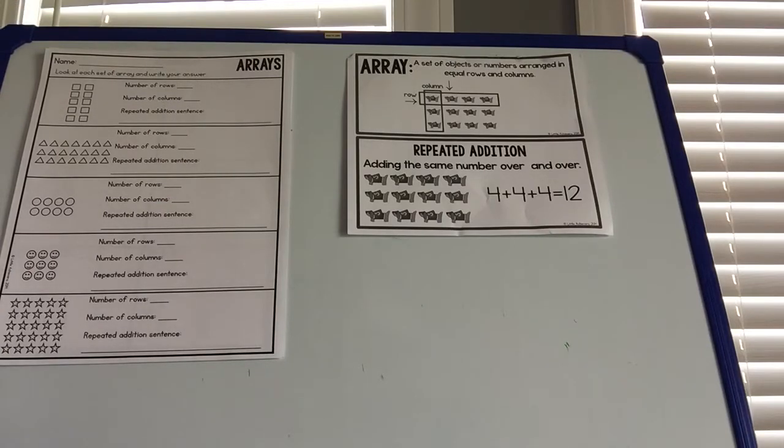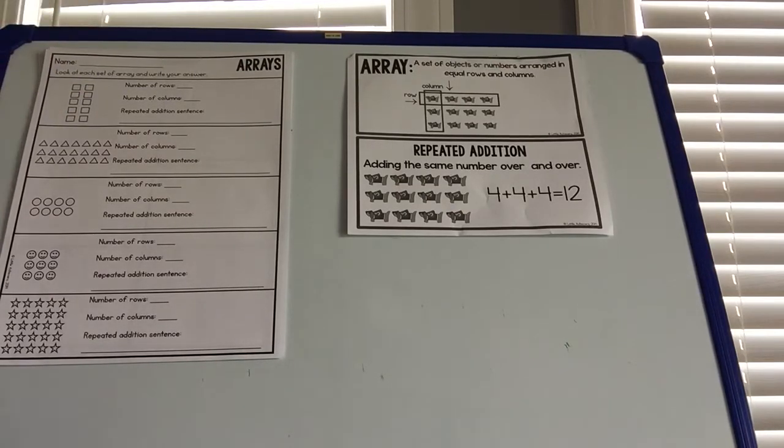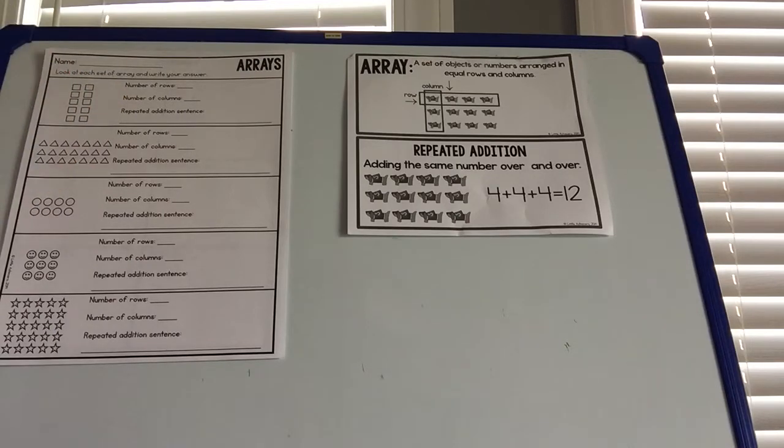Now let's look at each set of arrays and we're going to see how many rows and how many columns before we practice drawing our own. So let's look at our little squares here. We remember rows go horizontal. So let's look at the number of rows.